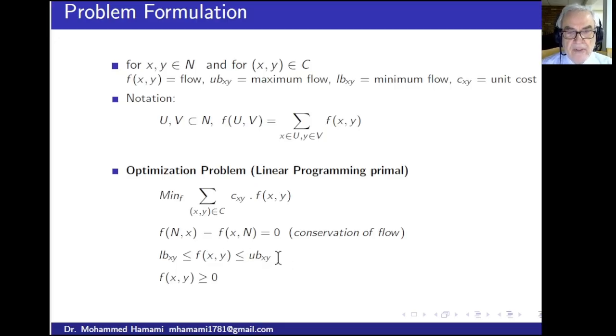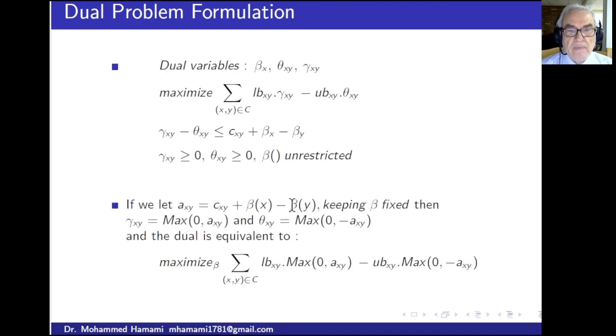for this constraint. And then every constraint in the dual is a column in this matrix here. To recap, we have a beta of x, a variable for each node, and we have theta of xy for each arc, and a gamma of xy for each arc. The gamma corresponds to the LB constraint, the theta corresponds to the UB constraint.